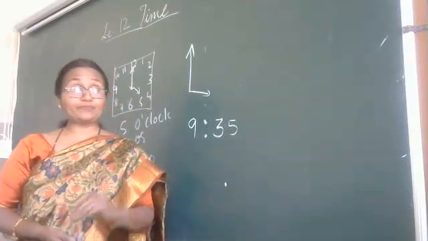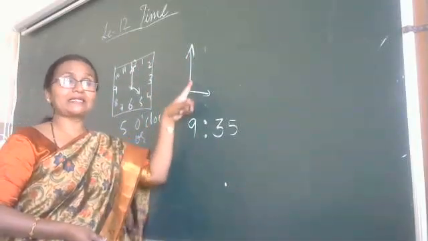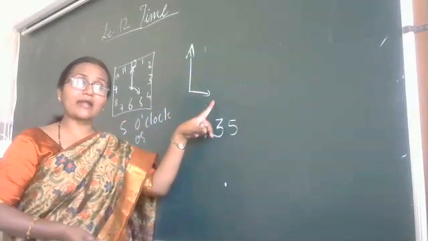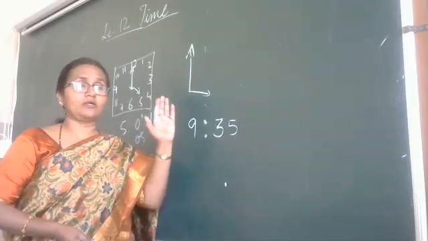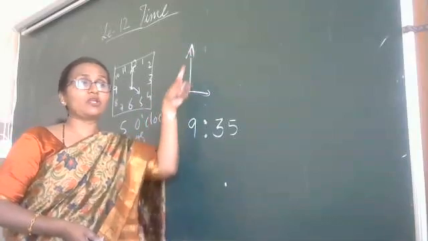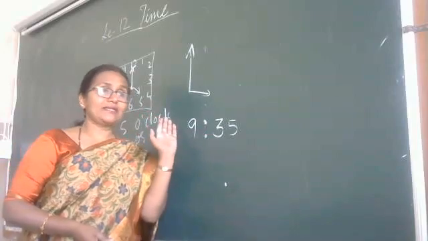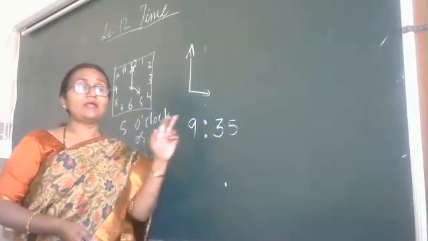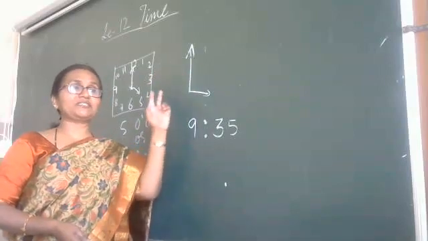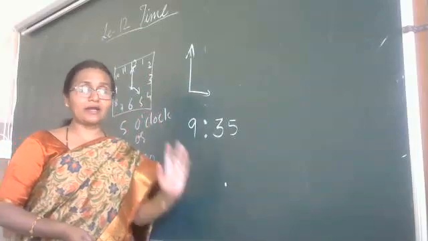And the minute hand will be longer, and the hour hand will be shorter. Always when you draw a clock, the minute hand should be longer and the hour hand shorter. Did you understand, all of you? And the minute hand moves through 60 divisions, 60 minutes, and it becomes an hour. Okay, understood the hour time?